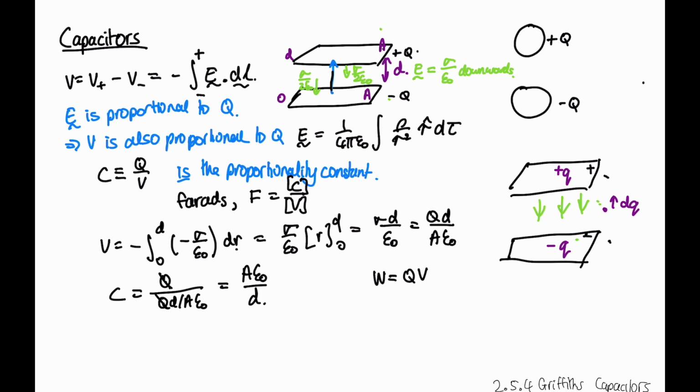So the work that we need to do to move this little increment of charge dq is equal to dq times the potential difference between these two.